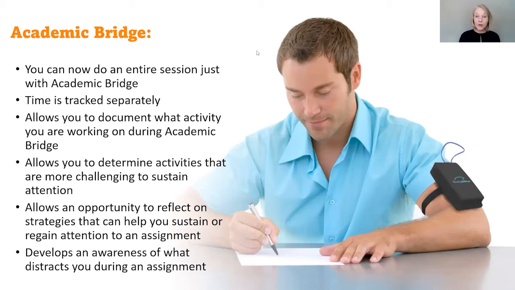If Marlise goes in and she's doing Academic Bridge, and consistently when she's writing a report, her attention is very low compared to when she's just reading a novel and her attention is really high, we can see that there's a difference between the two. So it then will give us an opportunity to reflect on strategies she can use. How do you feel while you're reading that novel compared to how you feel when you're writing those reports?